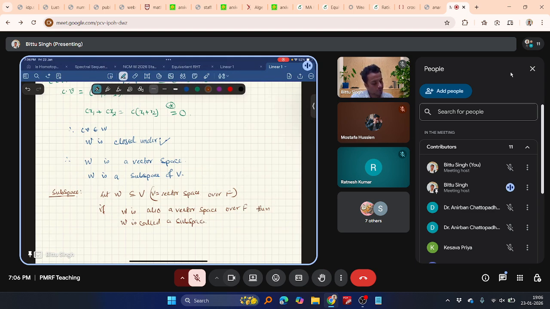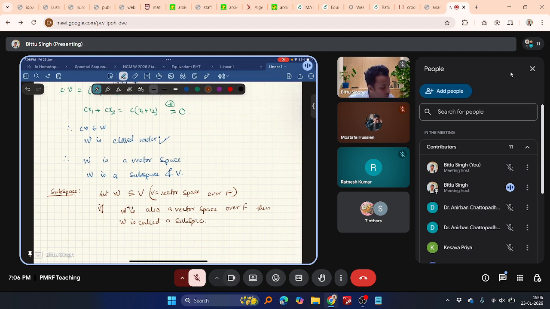Okay. So here we mean that all those operations are preserved. That is, whatever operation was given for V, we take the same operation because W is a subset. So we can perform the same addition and the same multiplication, V plus dot.